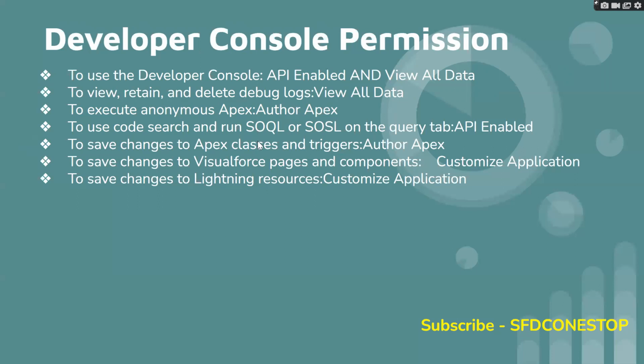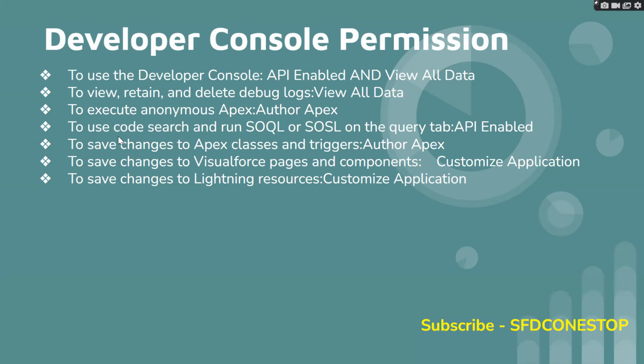You are a system admin, so you are a developer, and you're writing your Apex class, and you want to verify whether your Apex class is running fine or not. So what do you do? You can directly go to your Developer Console, write your Apex class, and then run the Apex class. In order to run the Apex class, you would need the Author Apex permission.